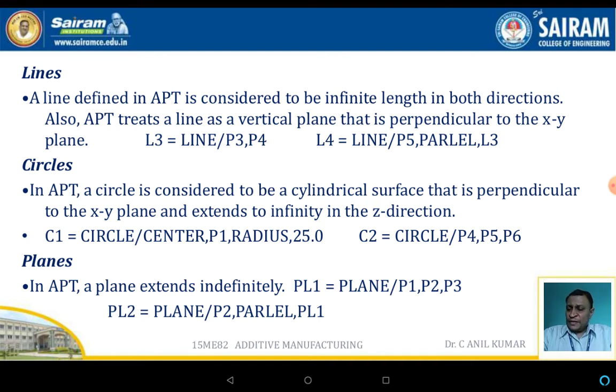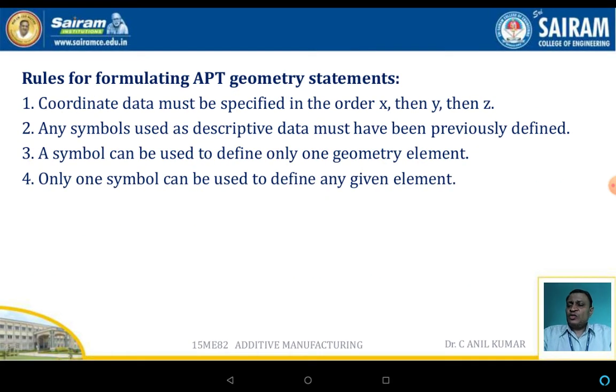Now the plane in APT: PL1 is equal to plane slash P1 comma P2 comma P3, or PL2 is equal to plane P2 parallel to PL1. Now the rules for formulating the APT geometric statements.